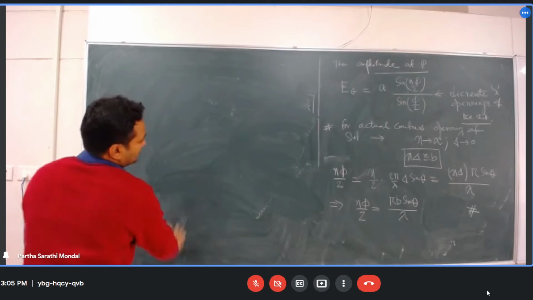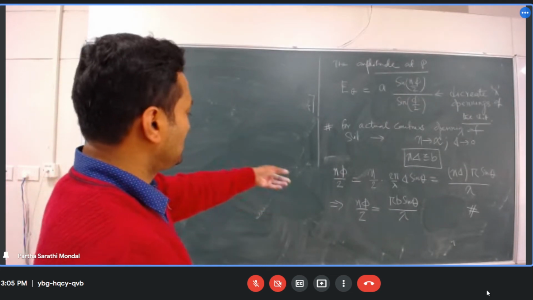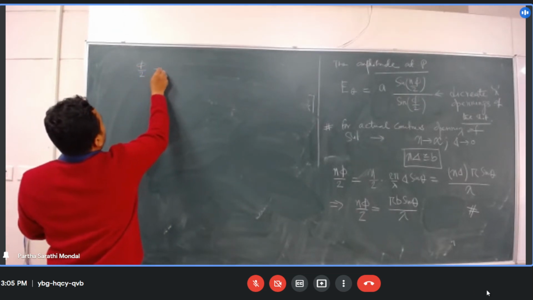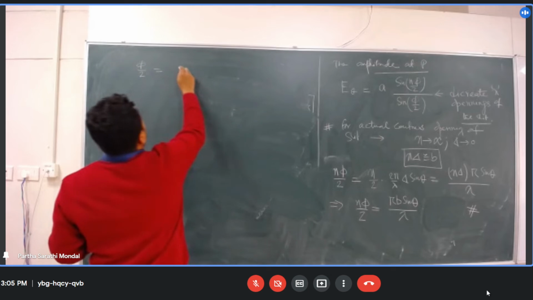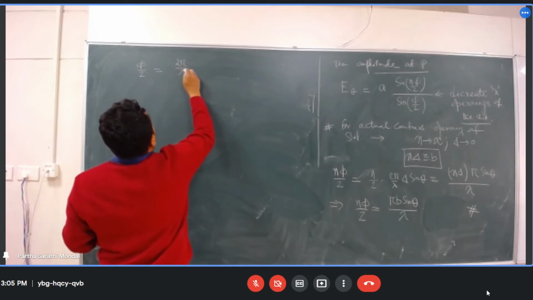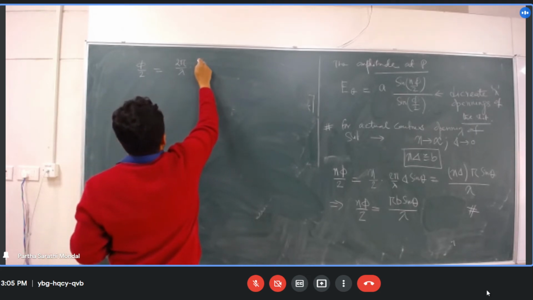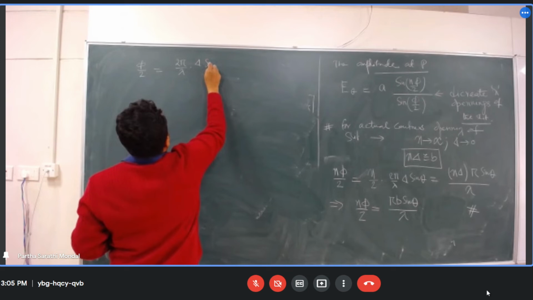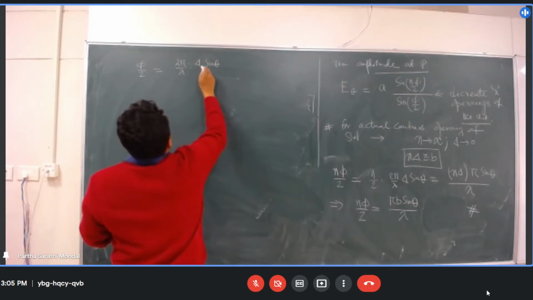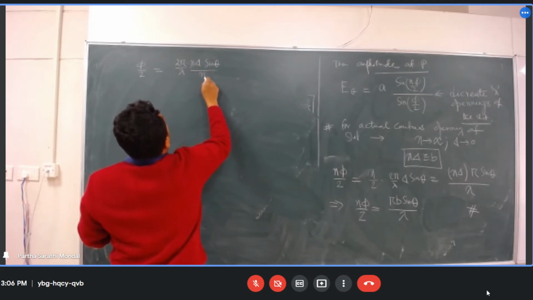So now what we have to do, φ/2. What is φ? φ equals 2π/λ into delta sin theta, isn't it? Let's multiply with n and divide by n.